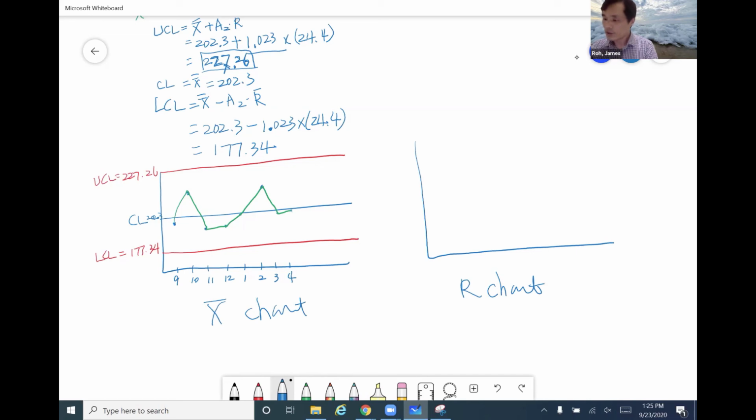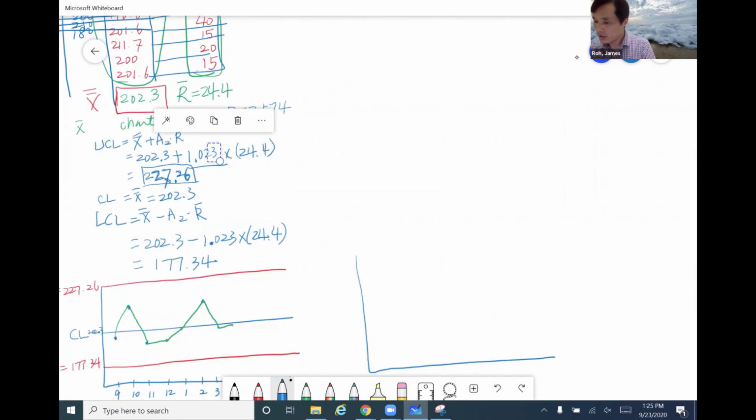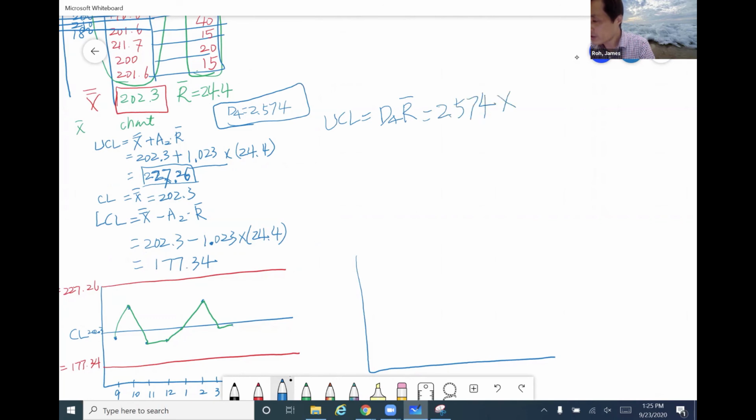So for R chart, let us calculate upper control limit. That's D4 times R bar. And D4, I found that before, so 2.574 times R bar. R bar is given as 24.4 here. Somebody calculate this for me. 2.574 times 24.4.